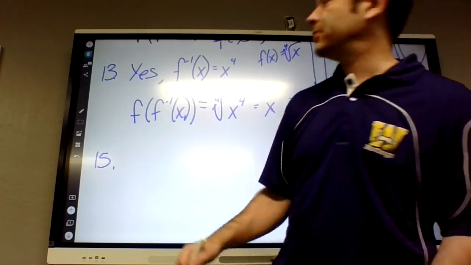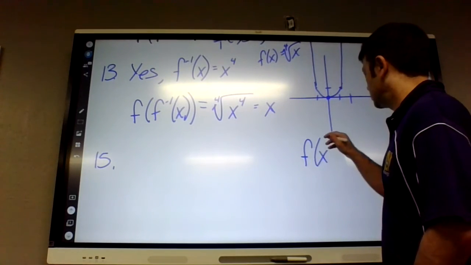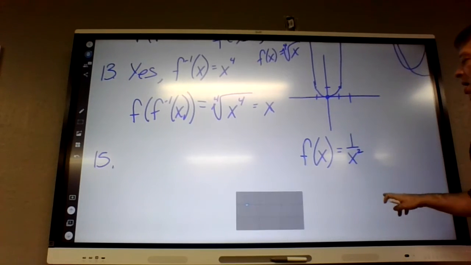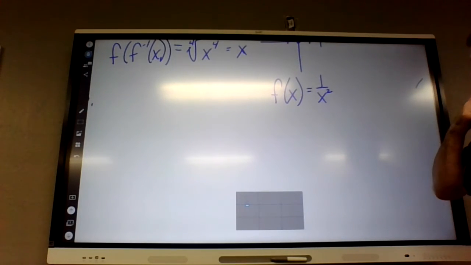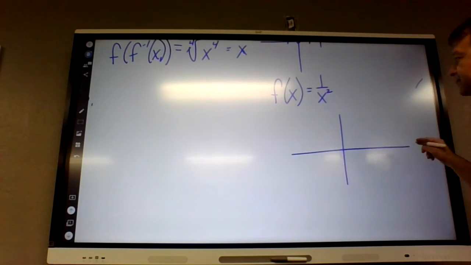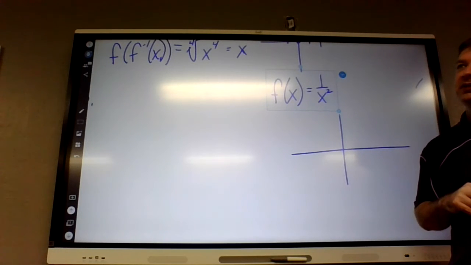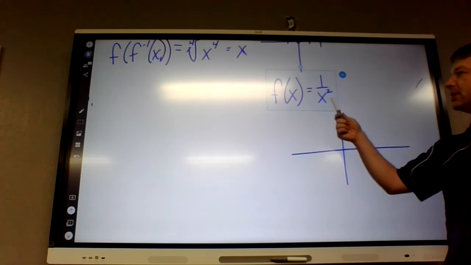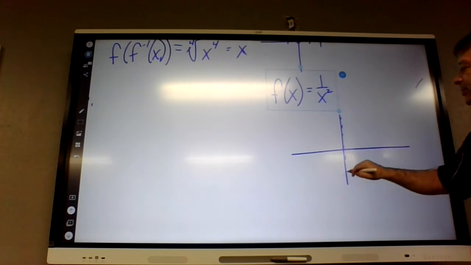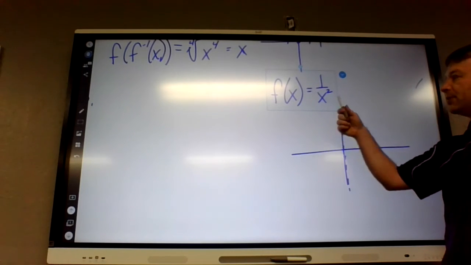Fifteen says 1 over x squared. Alright, what happens if I plug in 0 for this function? We graphed a few like this last year, but I'm sure you don't remember. Undefined. Okay, there's a vertical asymptote at x equals 0 because you can't have anything at 0.